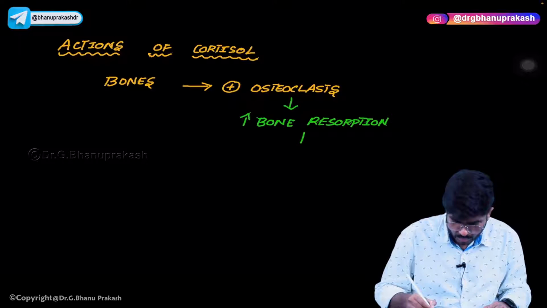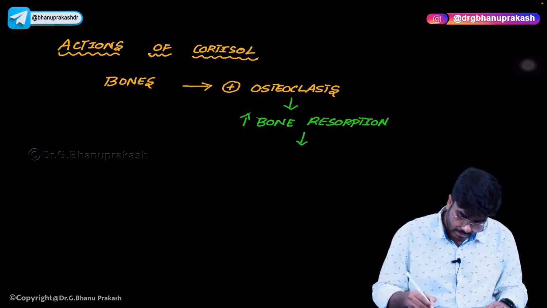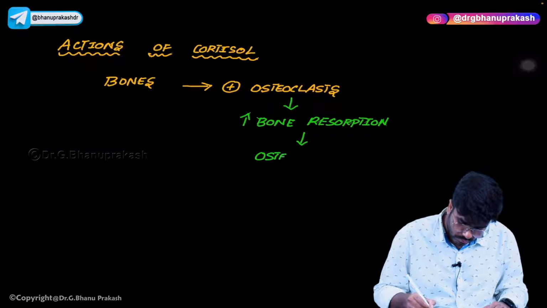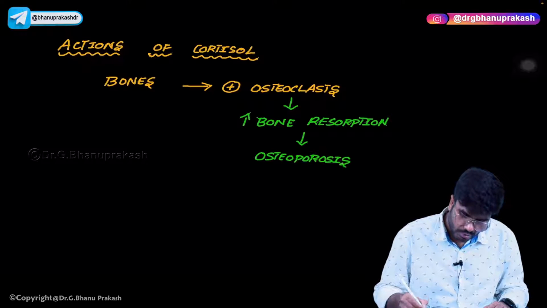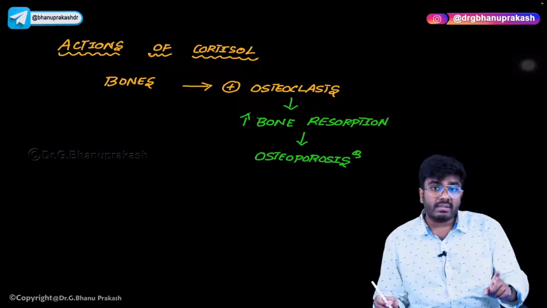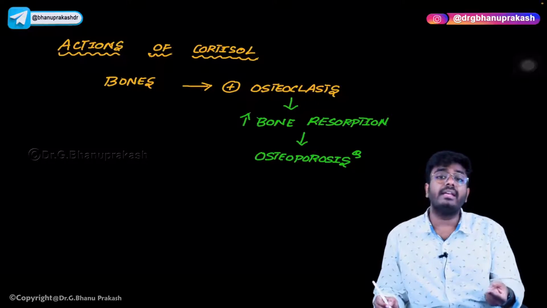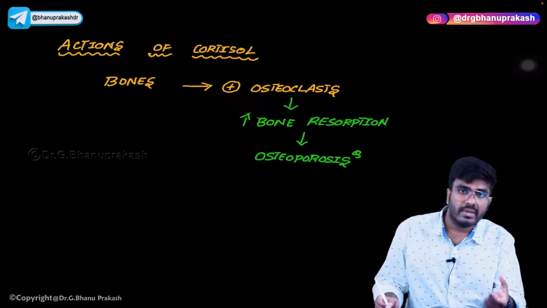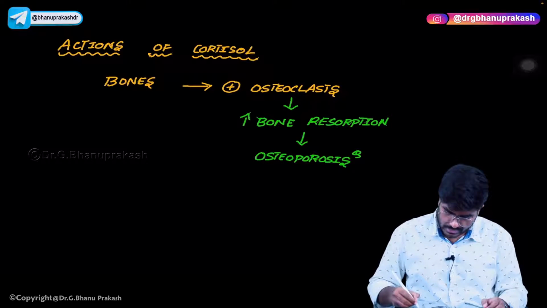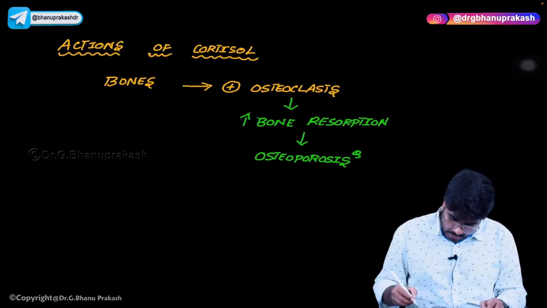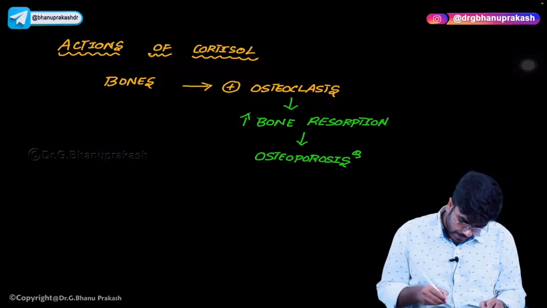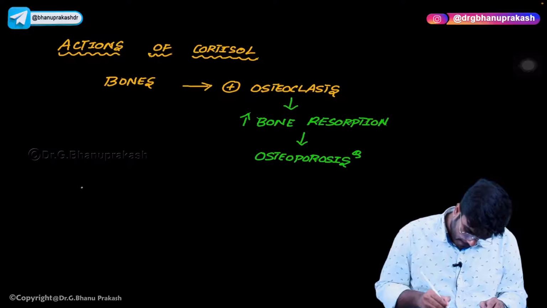Okay, whenever the bone resorption is increased, that causes osteoporosis. So, you should know that a patient who is suffering with Cushing syndrome will be having a clinical feature of osteoporosis. Why? Because cortisol activates the osteoclasts. And also, cortisol is known to be anti-inflammatory in action.